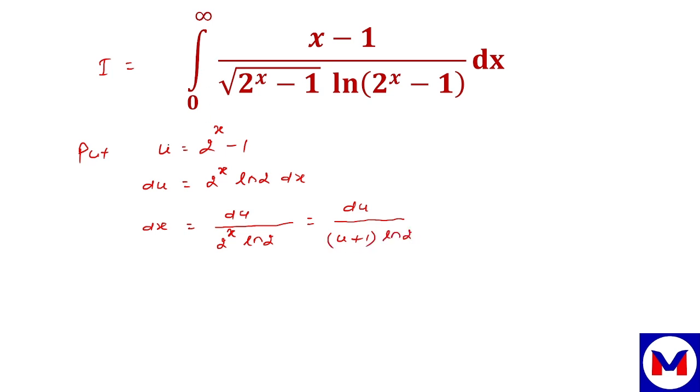As x goes from 0 to infinity, the limit will remain in the form of 0 to infinity, because at x equals 0, u becomes 0, and at infinity u also becomes infinity. Now for finding the numerator x, 2 to the power x can be written as u plus 1.